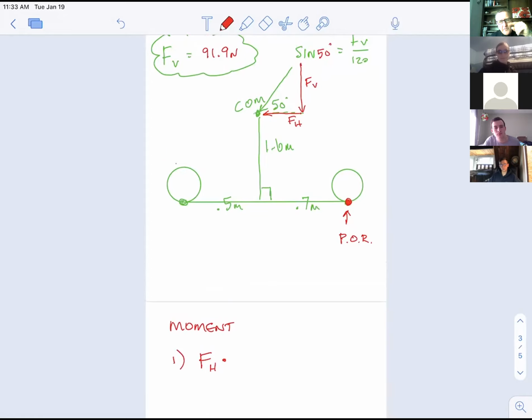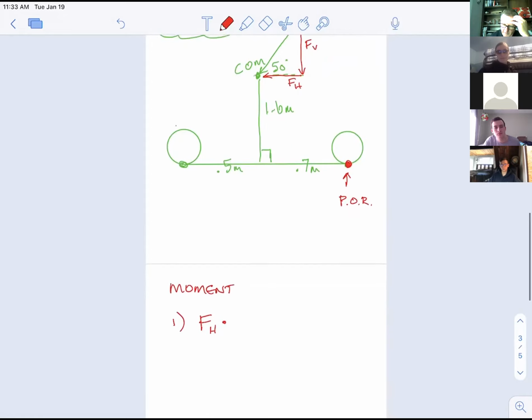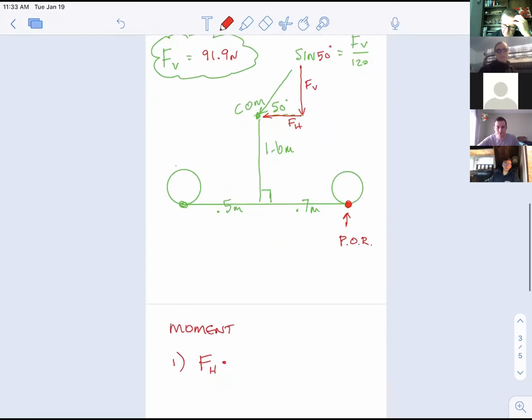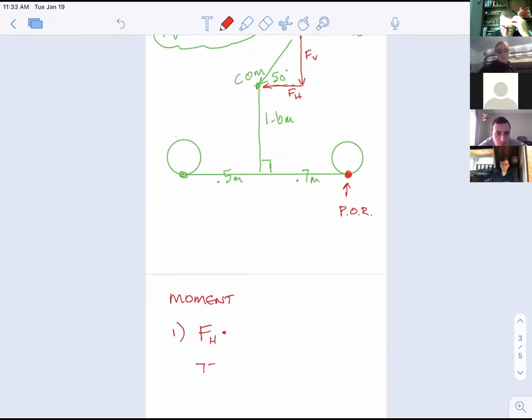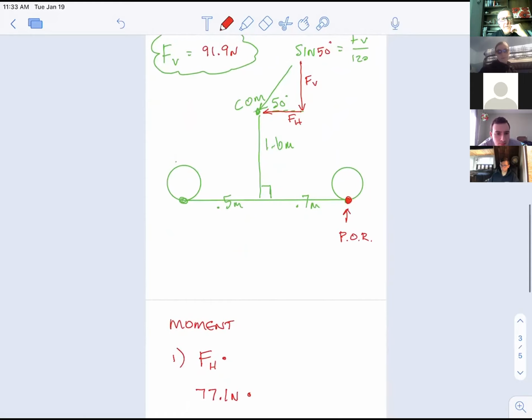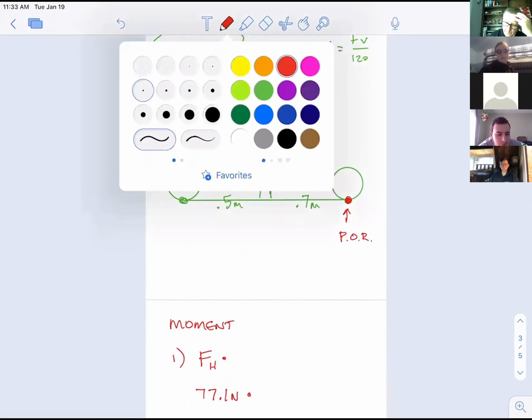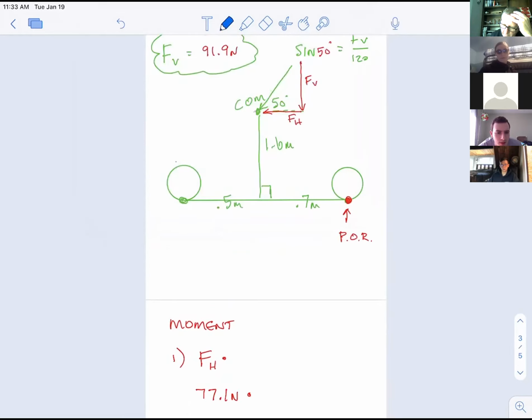Torque or moment is the force times the distance. I have the force, that's 77.1. But how far away is it? Remember, vectors can move. Would you agree that's also force H?